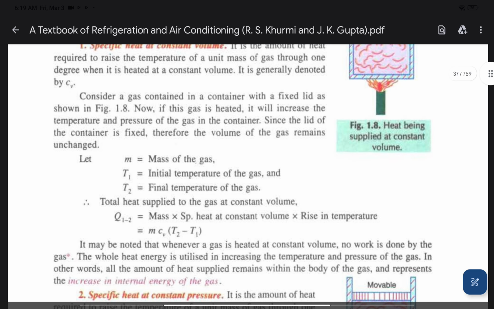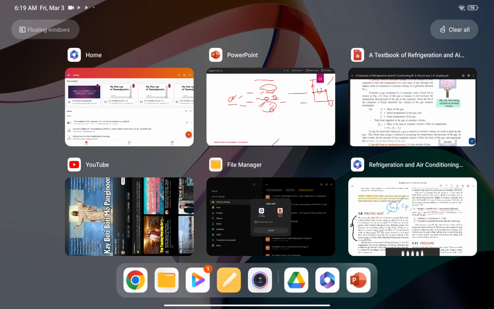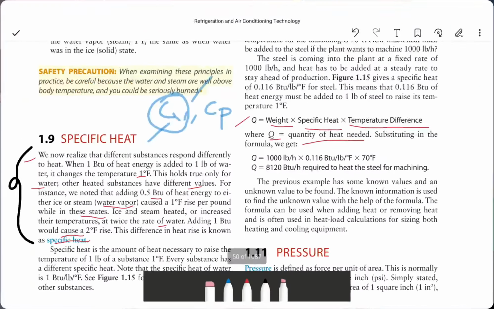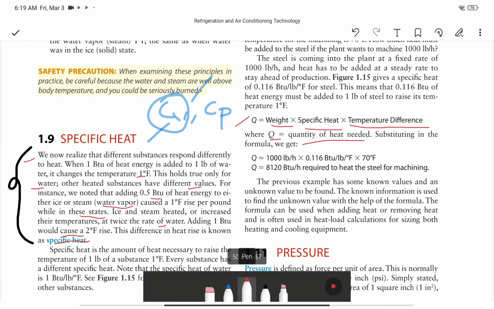So what he's saying is that Q is equal to weight, which is mass, times specific heat at constant volume, times temperature difference. We sometimes write it this way. This is the formula that you will be remembering.